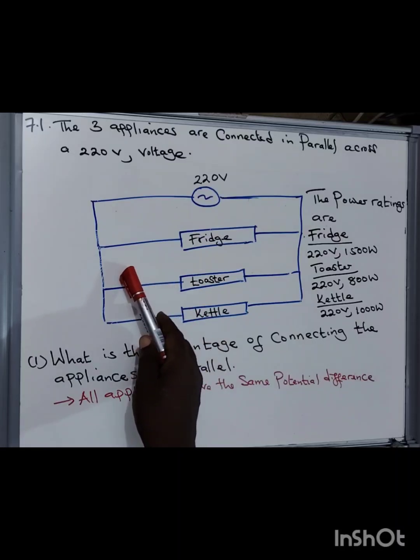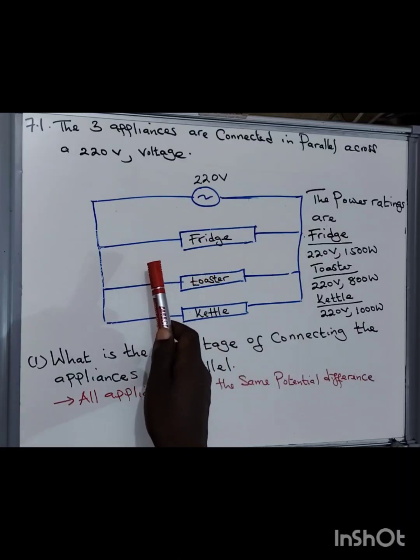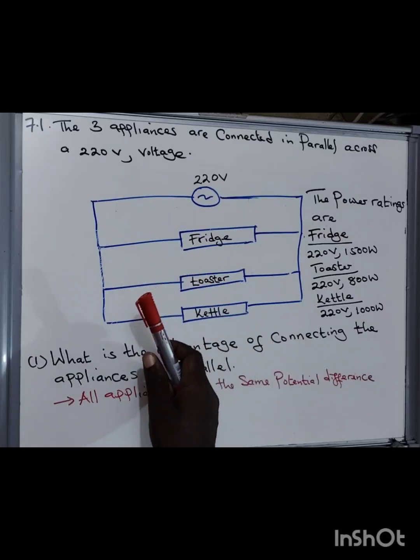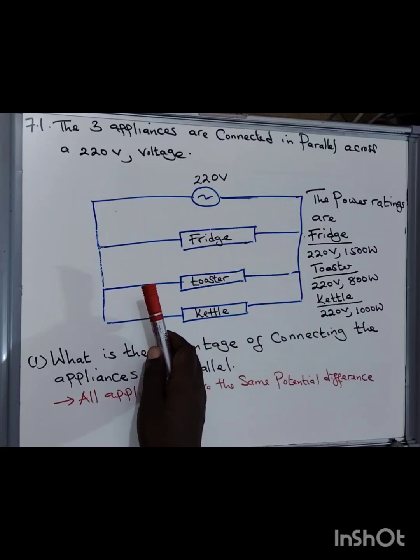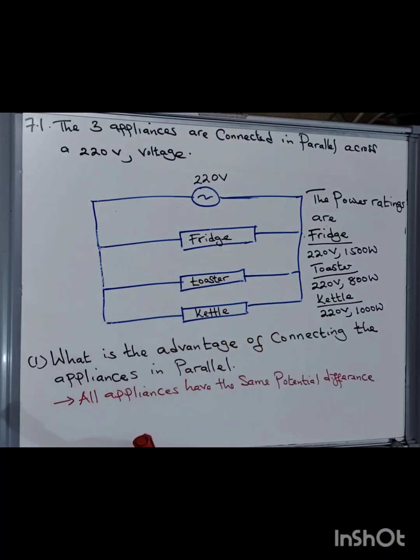The second advantage is that if one of the appliances blows up or malfunctions, other appliances continue to work normally. We need to know that for the series, if one blows up, all others will be off, and we wouldn't wish that.